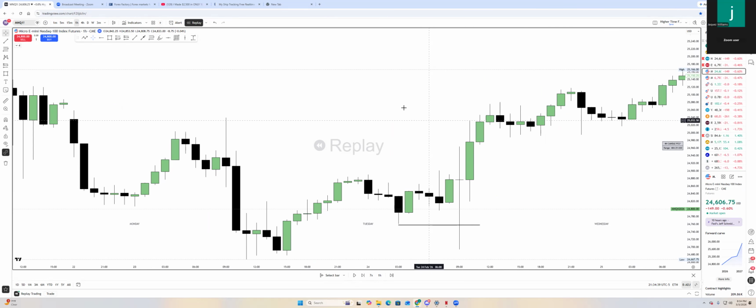But before learning where to get in and where to get out, it's important that you understand how the market is going to move and what even triggers you to get in and get out. A lot of traders learn how to get in and get out first, and that's it.